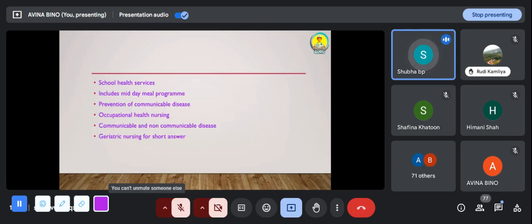And you write what is the prevention of communicable, what is the prevention of non-communicable, what is the role of the nurse in communicable disease, and what is the role of the nurse in non-communicable disease. You can easily write the difference between communicable and non-communicable disease, and you can easily get 5 marks by attending these questions.